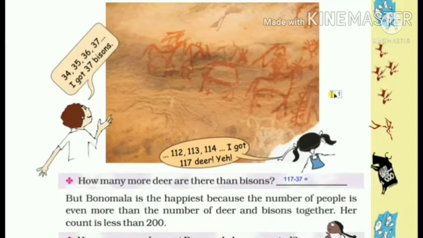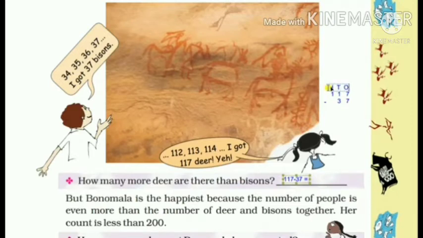So 117 minus 37. So you already know how to subtract these numbers from greater number to smaller number starting from ones place. So that time 7 minus 7. What is the answer? Yes, 0.